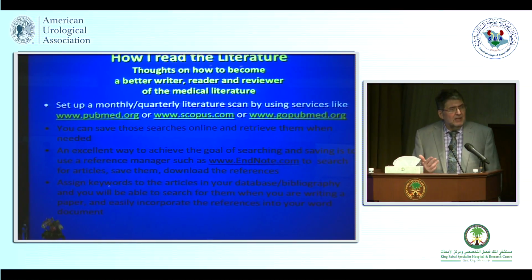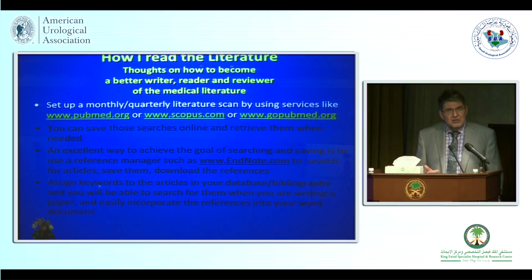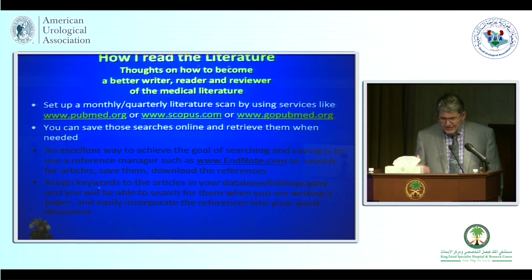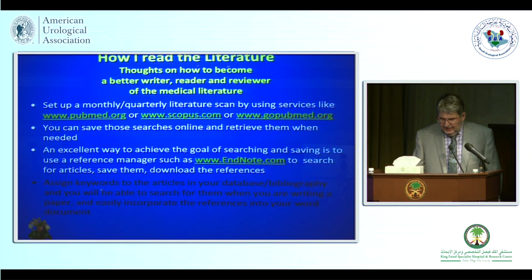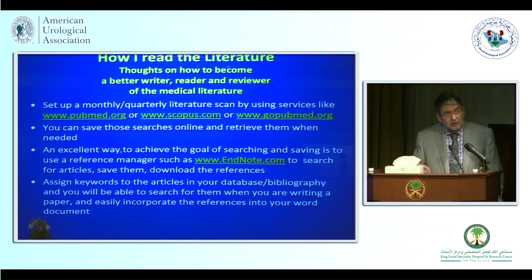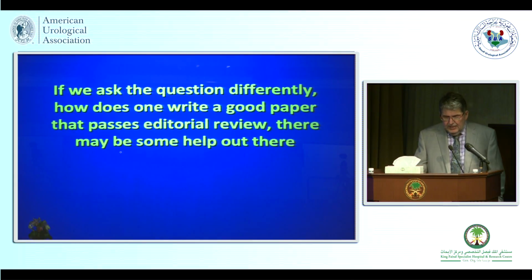You can set up monthly or quarterly searches in areas of interest, then scan what's available and directly download it into a reference manager, so you can organize it in categories. I use, for example, a lot of Scopus.com, or PubMed, and then I use EndNote to categorize it and have it available by keyword, etc.